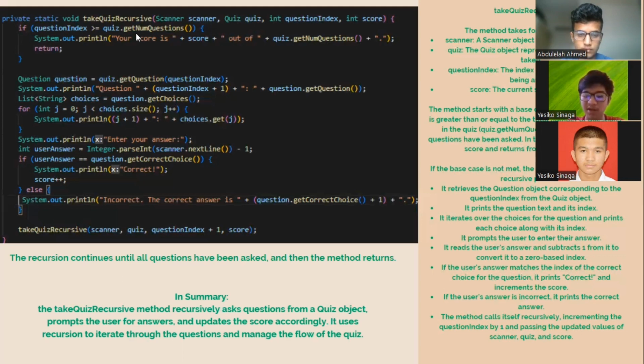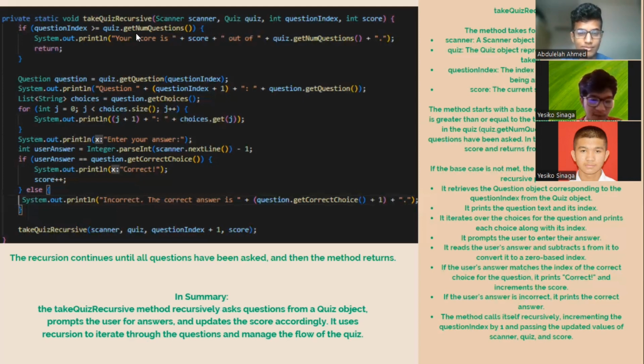The method calls itself recursively, incrementing the question index by 1 and passing the updated values of scanner, quiz, and score. The recursion continues until all questions have been asked, and then the method returns.